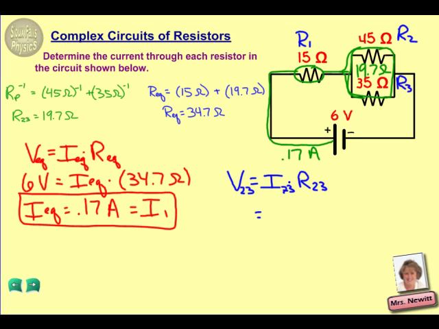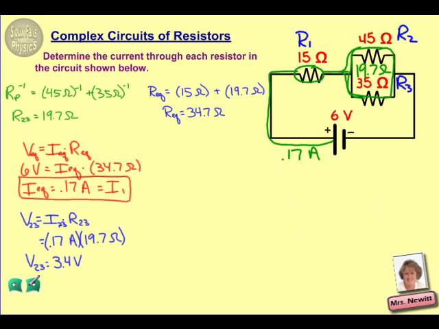We know that the total current for 2 and 3 together is 0.17 amps. And we also know that the equivalent resistance for the two together is 19.7 ohms. And so we can find then that the voltage across those two resistors is 3.4 volts.